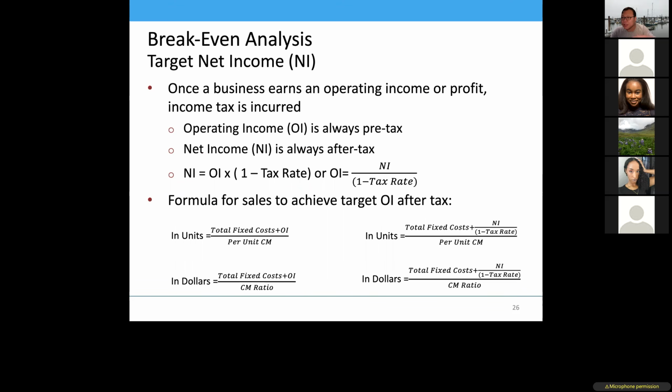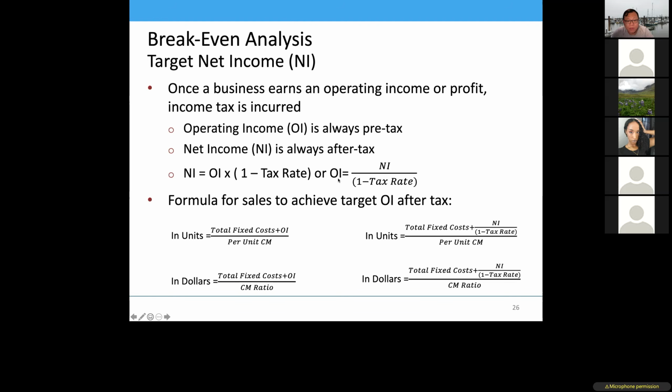So whatever is left, that is your net income. So basically, your net income equals the operating income after you pay the tax. So that equals operating income times 1 minus tax rate. Okay, so that's your net income.